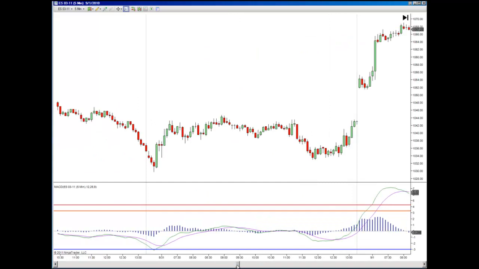This is all on a 5-minute chart. This technique will work on different time frames, but you have to adjust accordingly and draw new lines for each MACD and adjust even further when you change the settings for the MACD. And naturally, these lines will be different for different types of instruments.